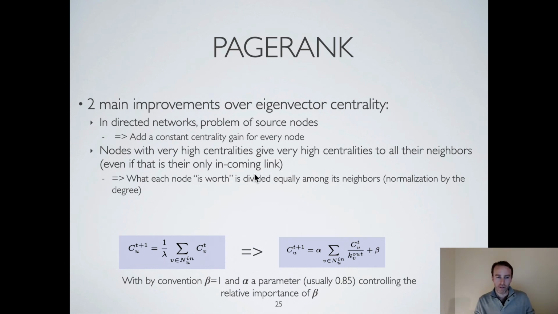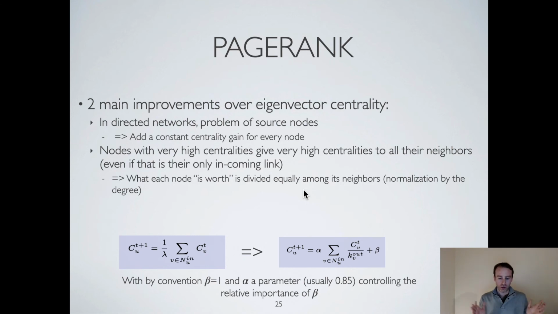And they added another thing, which is that the nodes with very high centralities were giving very high centrality to all of their neighbors. So if you're very important, you're sending your very important score to all your neighbors, and this makes everyone more important every time. So what they changed is that now what each node is worth is divided equally among its neighbors.